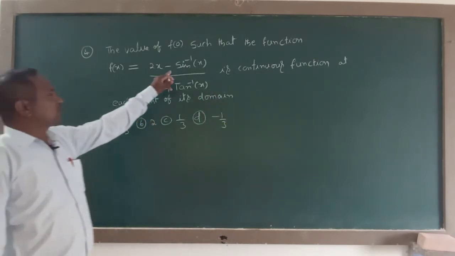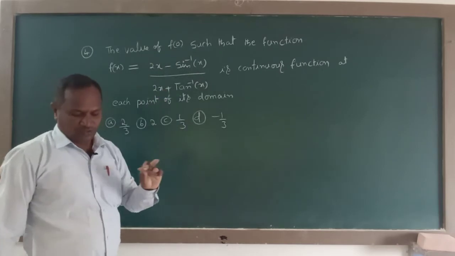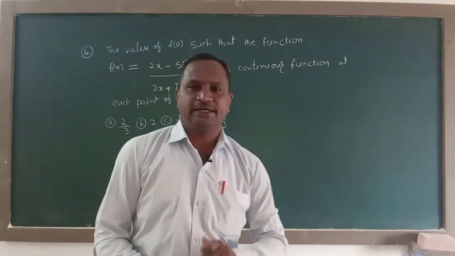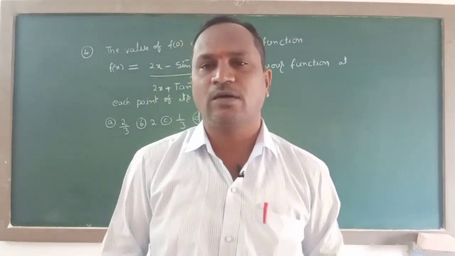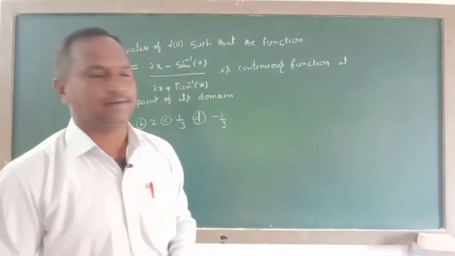The question asks for the value at which this function is defined at x equal to 0 by taking the limit of the given function. Now we'll discuss how much value we are getting.